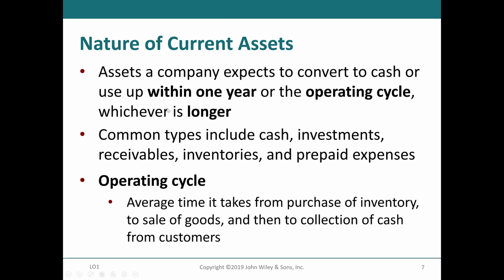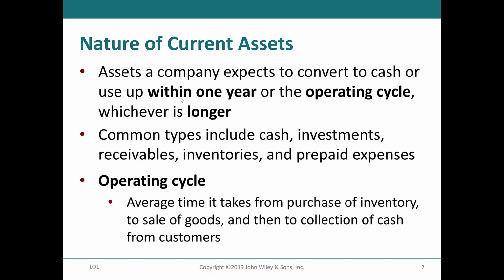Okay? Nature of current assets. All right, so our current assets are assets that the company expects to convert to cash or use up within 1 year, or the operating cycle, whichever is longer. So if an asset is able to convert to cash within the operating cycle or within 1 year, whichever is longer, then we call it what?